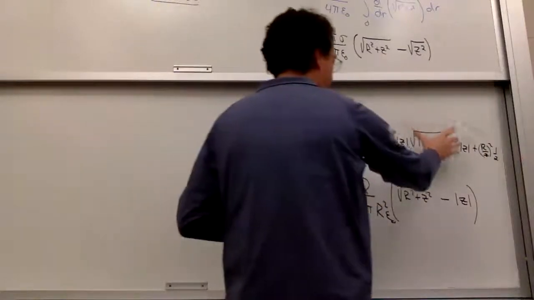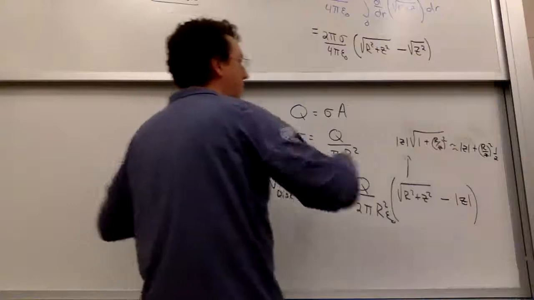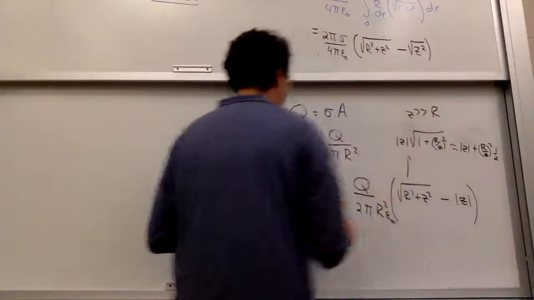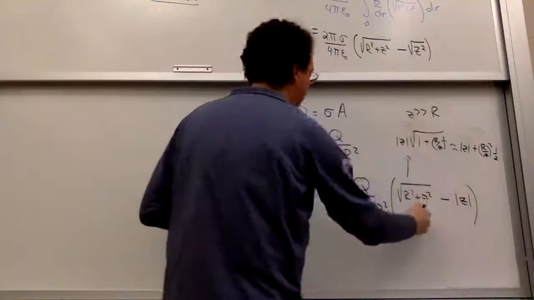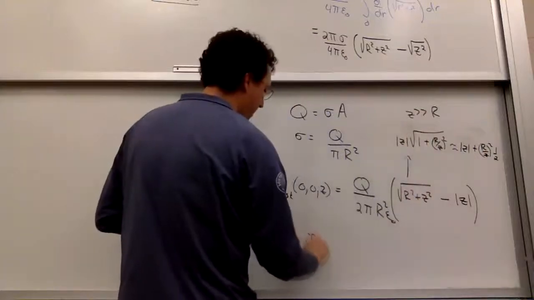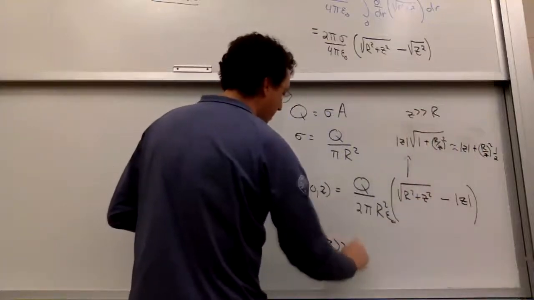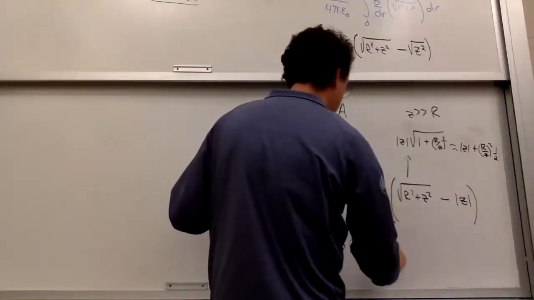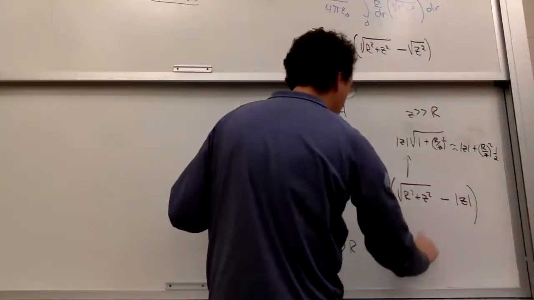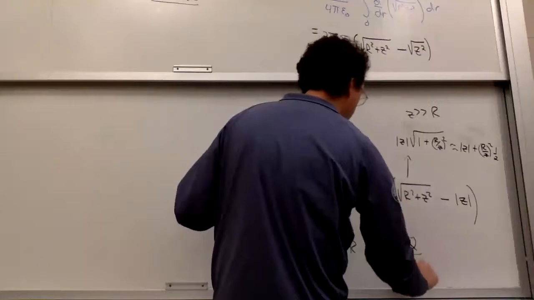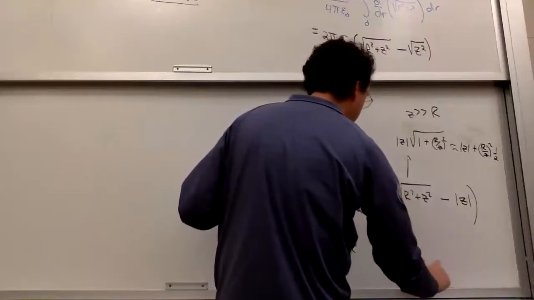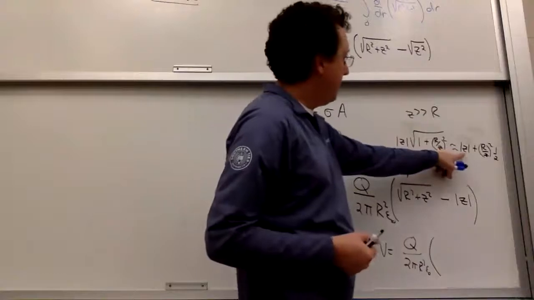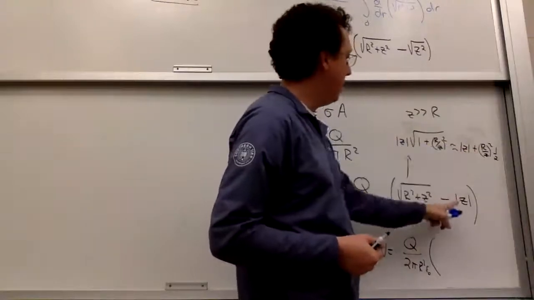So if I were to substitute for z, when z is much, much bigger than R, this becomes V equals Q over 2 pi R squared epsilon naught. And I have z plus something minus z.